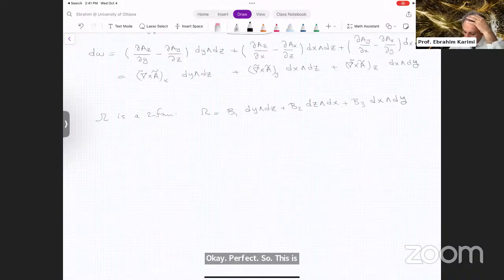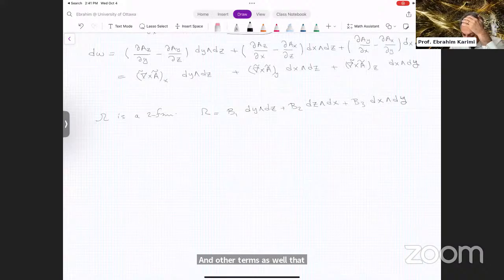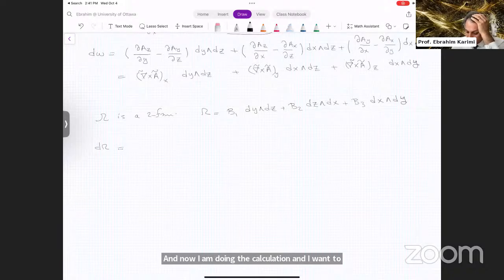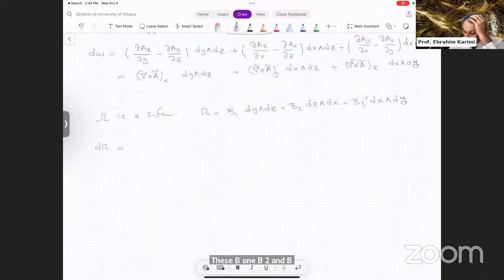This is one of the two forms, and remember we are working in a three-dimensional space, not n-dimensional space, else we would have other terms that we have to take care of. Now I want to calculate the derivative of omega. Remember B1, B2, and B3 are functions of x, y, and z, okay?